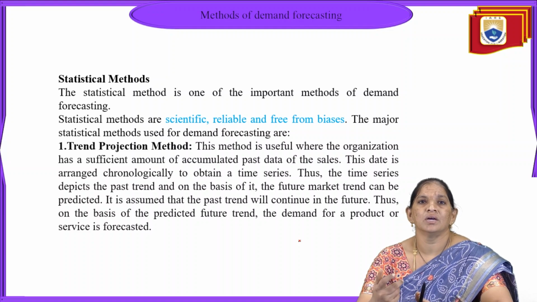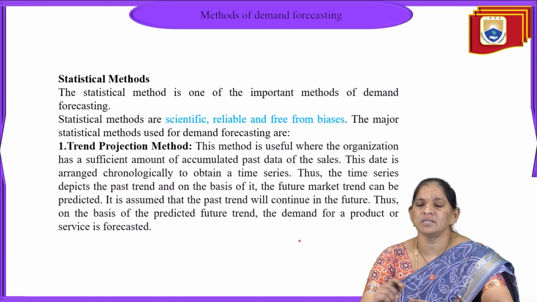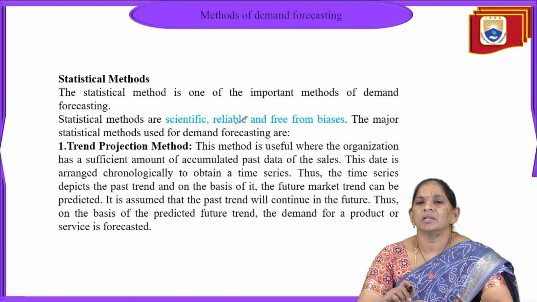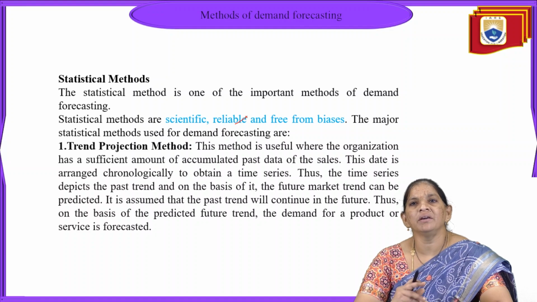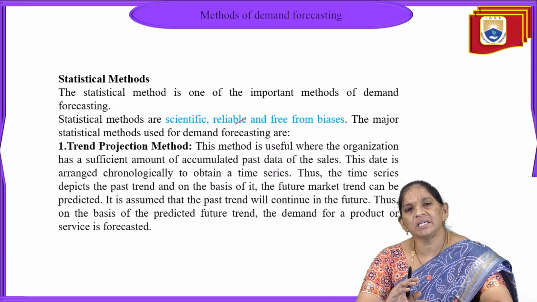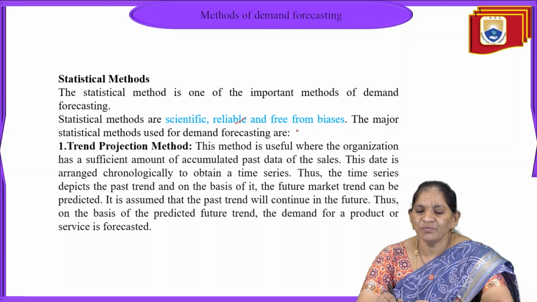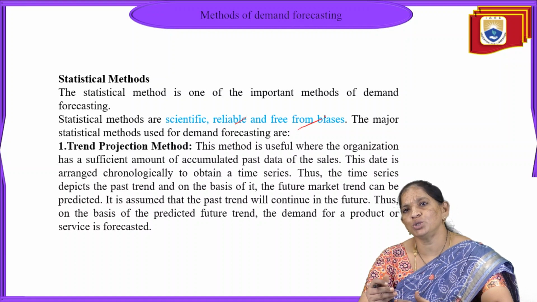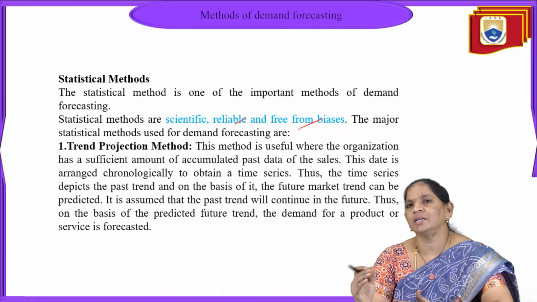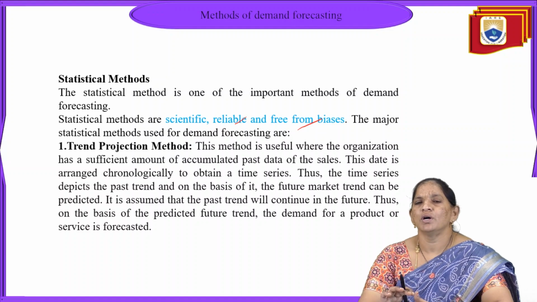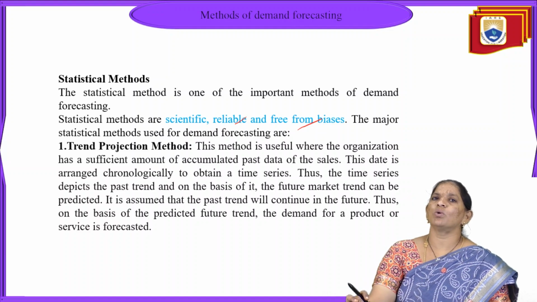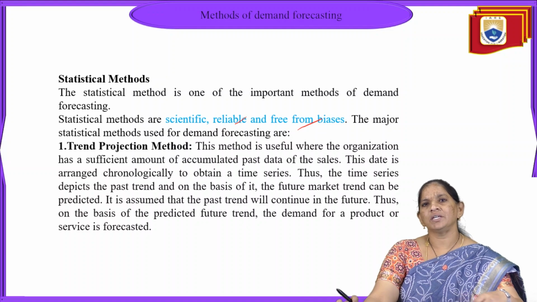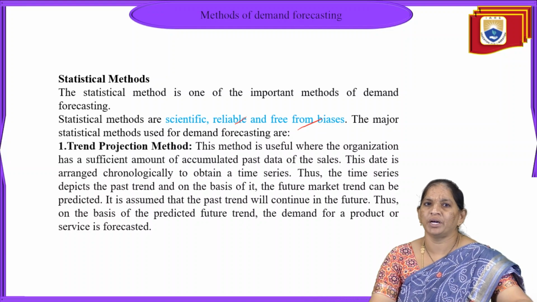Means reasons will be there on a scientific basis, and reliable in the sense that we can apply it in actual practice, and free from bias. Means maybe some limitations or biases are there where we can take some remedial steps. So that way statistical methods are commonly called scientific, reliable and free from bias.